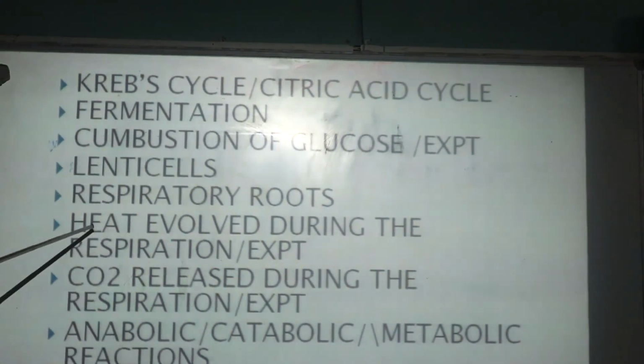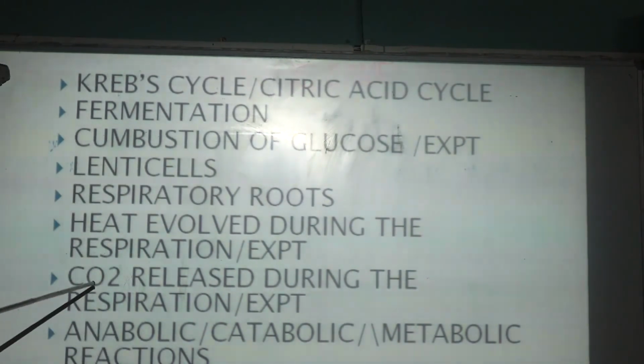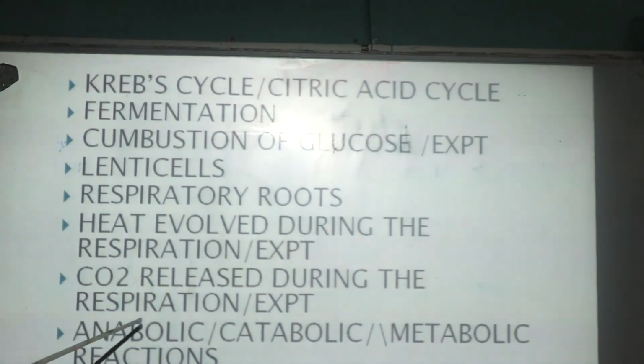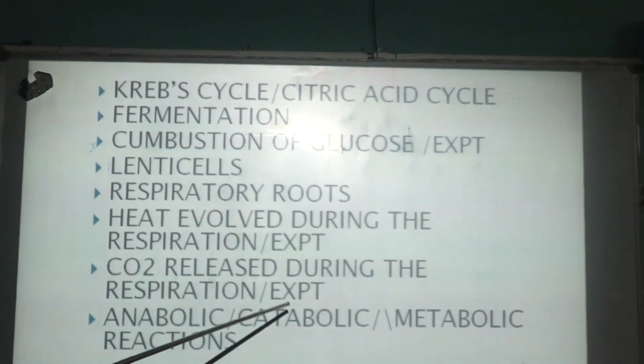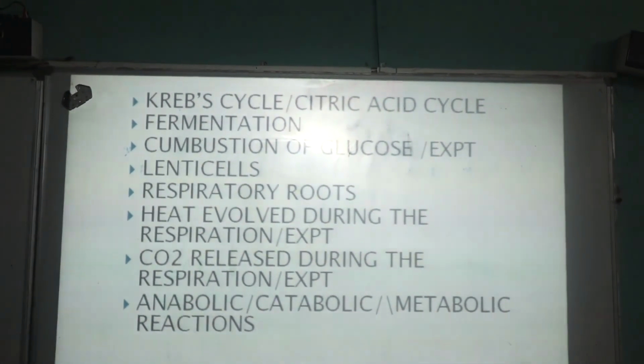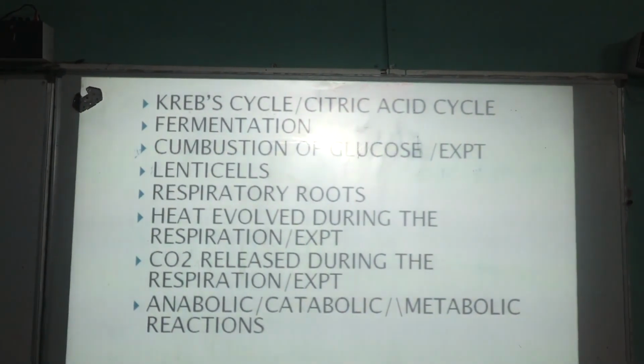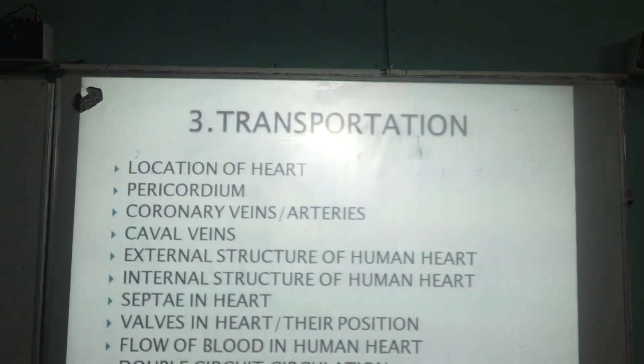And here the heat evolved experiment is there, the carbon dioxide release experiment is there, and these 3: anabolic, catabolic and metabolic reactions. You have to say anabolic means constructive reactions. Catabolic means destructive reactions. Both anabolic and catabolic reactions go on in a cyclic manner, one after another. That particular thing is called metabolic activities or metabolic reactions.